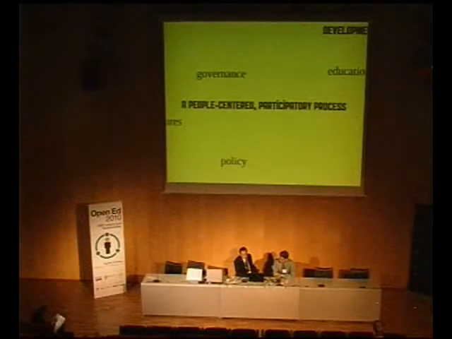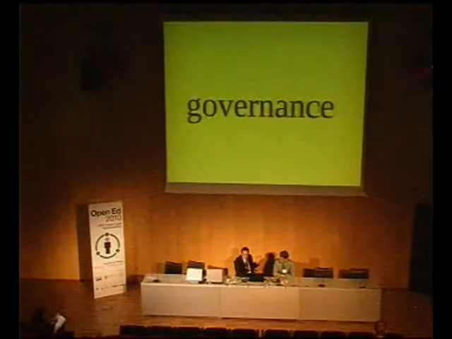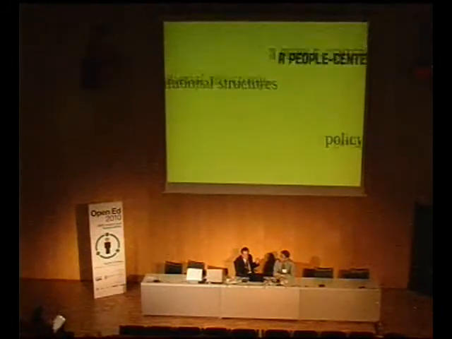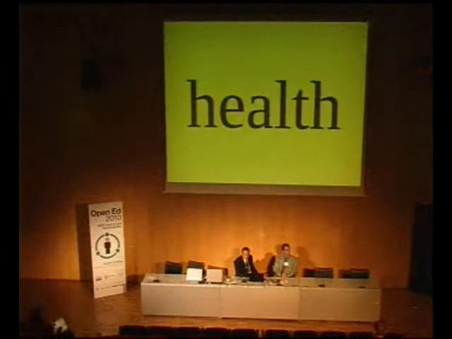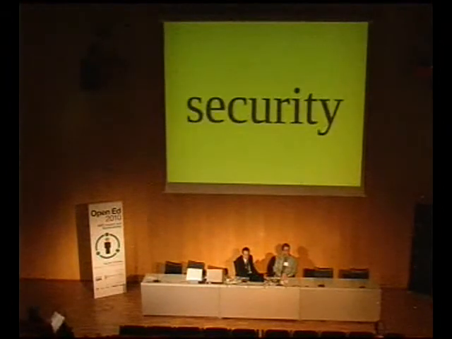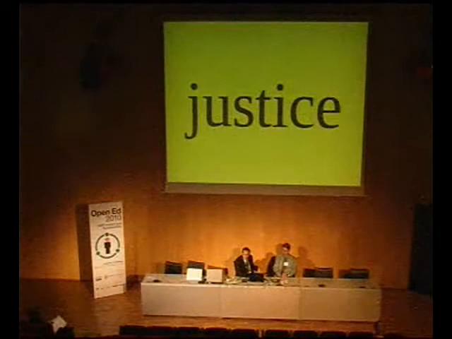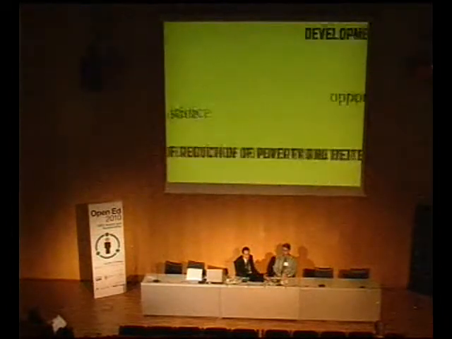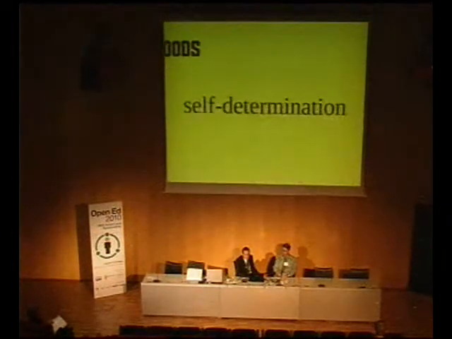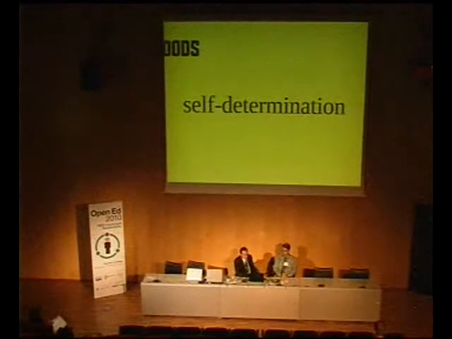Among those processes, which are people-centered and participatory, are things such as governance and education, policy, of course, institutional structures. And then there are outcomes that come out of these processes that constitute development, such as health as the most basic, security, but then also higher level outcomes such as justice, opportunity, and self-determination, both as individuals and as a people.